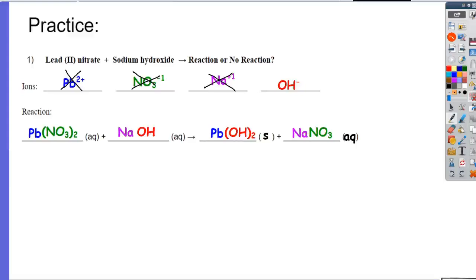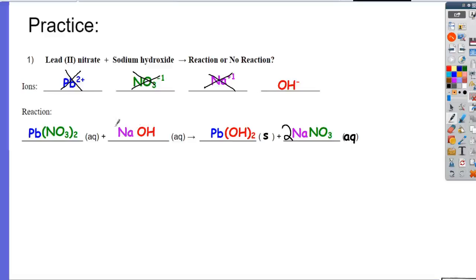So the one final thing we need to do is balance our reaction. I can start just about anywhere since there are no oxygens or carbons. So I notice I have 2 nitrates here, but only 1 nitrate here, well, I need to multiply this by 2. So I give this a coefficient of 2. Now I have equal amounts of nitrate, but oh no, now I have 2 sodiums and only 1 sodium.